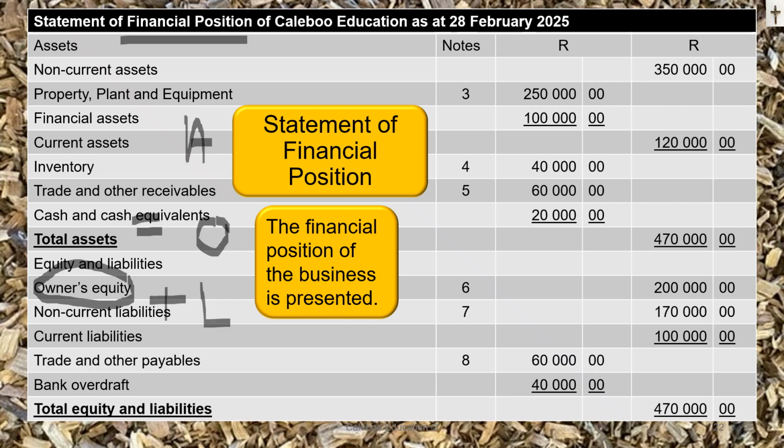And in this document is summarized all the transactions for the year, and this document will tell you, once you analyze and interpret the numbers on here, the position of the business at the end of the financial year.